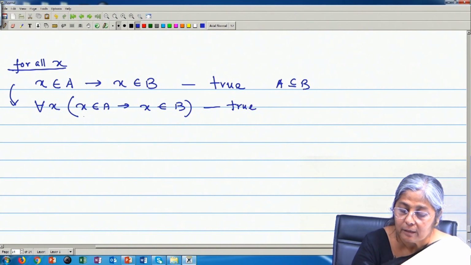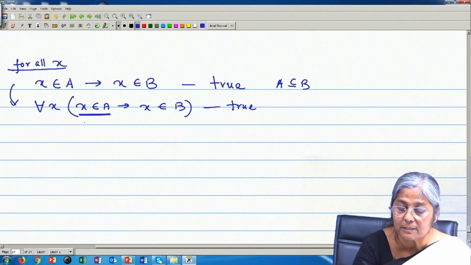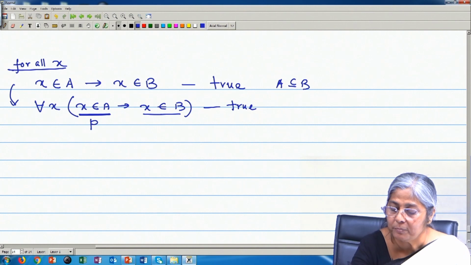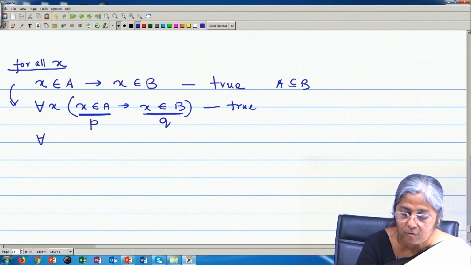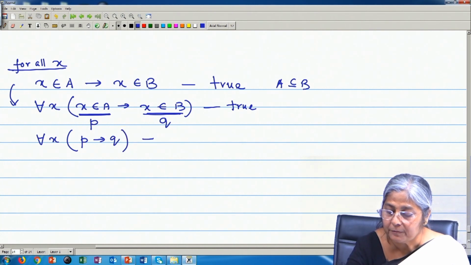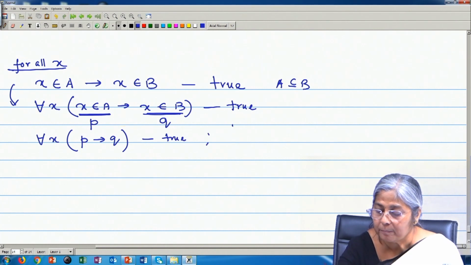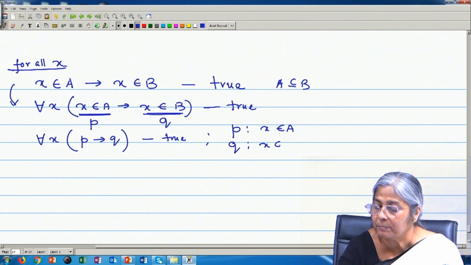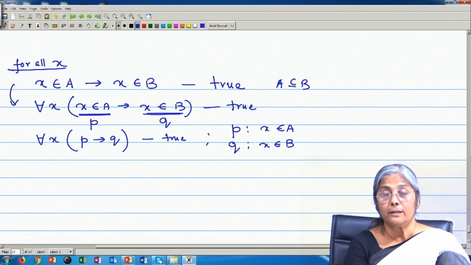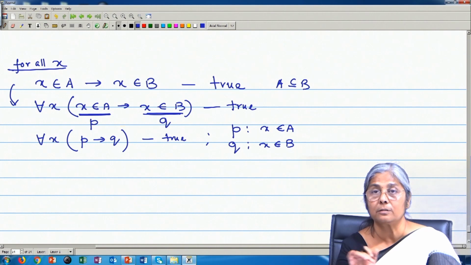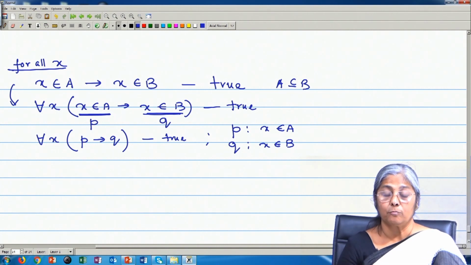Say this is one proposition or basic statement, P, and x belongs to B is another statement, Q. So for all x, P implies Q is true, where P I have assumed is x belongs to A and Q is x belongs to B. I have to show that this is true for all x.